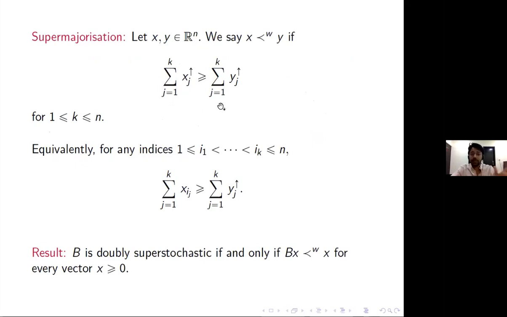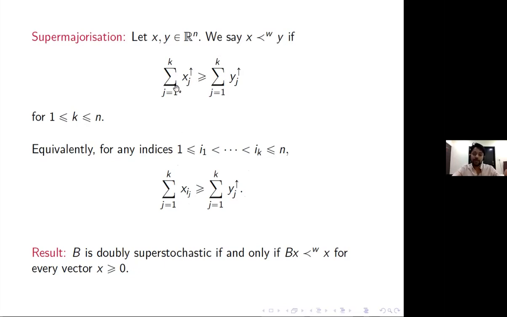If any two vectors satisfy this set of inequalities, we say that x is supermajorized by y. Equivalently, these conditions can be written like this: given any arbitrary k indices i1 up to ik, the sum of the k components of x corresponding to these indices is greater than or equal to the sum of the first k smallest components of y. So this set of conditions is equivalent to saying x is supermajorized by y.